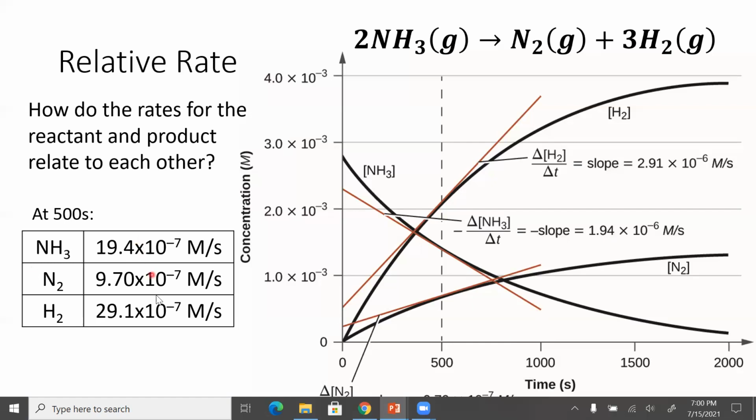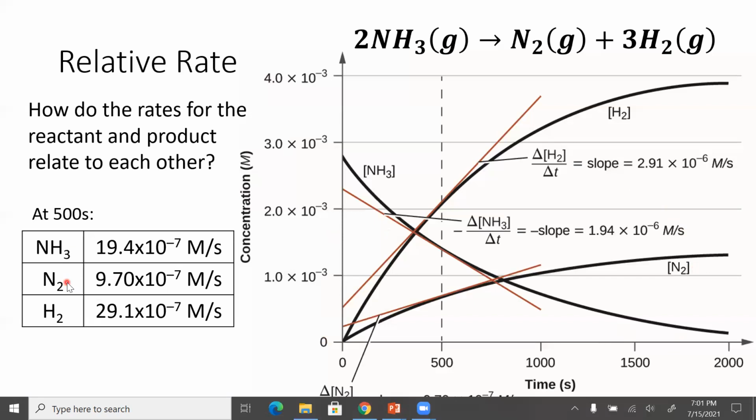Now, over here in this table, I just rewrote the rates and I made them so that their exponents are the same. Makes it a little bit easier for us to compare these numbers. You don't necessarily have to do that, but I made them all 10 to the minus 7. So the instantaneous decomposition of ammonia at 500 seconds is 19.4 times 10 to the minus 7 moles per liter per second.